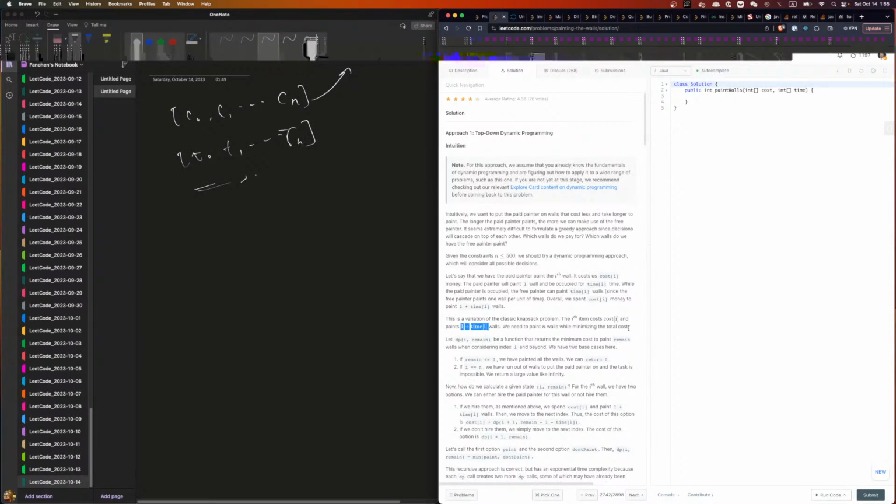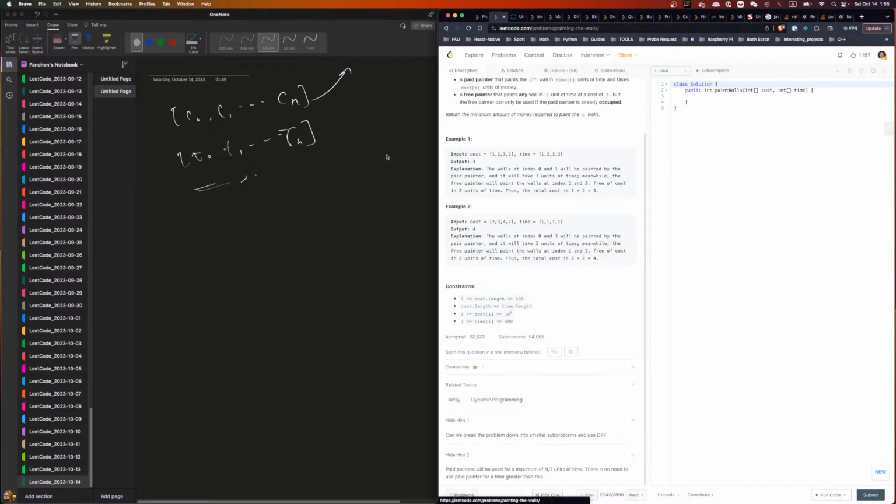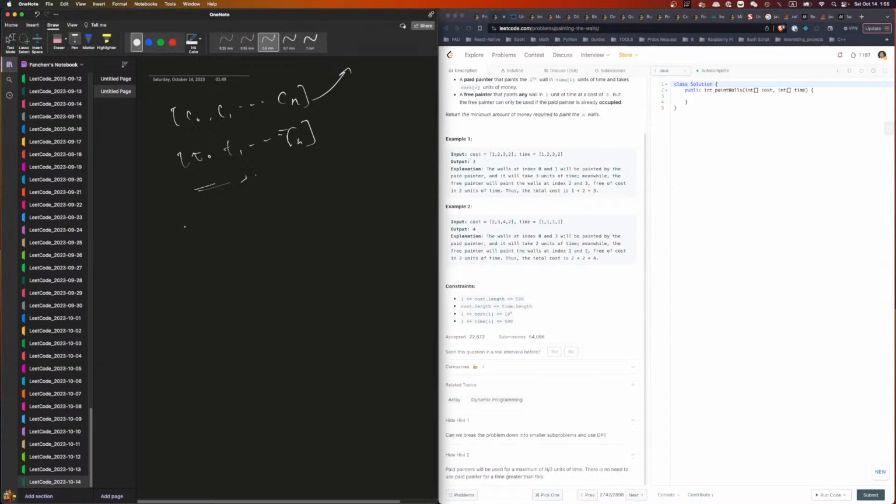Okay, knapsack is to fit. Okay, knapsack. Okay, what's knapsack? Knapsack is to put things in. So we have a bag. Each thing has a weight, right?